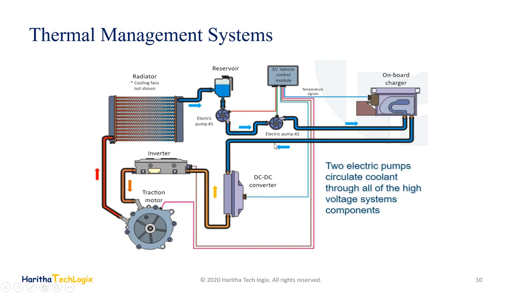Based on the current temperature of these components, the control module will operate the electric pumps you can see here. And these electric pumps are used to circulate the coolant across the cooling circuit depending on the demand. Basically, water mixed with ethylene glycol is used as the coolant in electric vehicle systems. It is similar to internal combustion engines as well. There are also other ways to manage the temperature of the electric vehicle components. We will discuss those in detail in section 3 of the course.